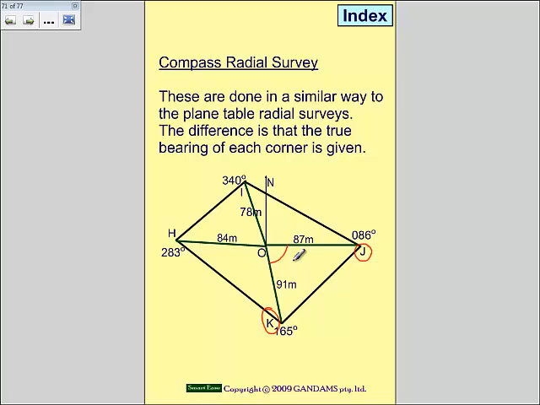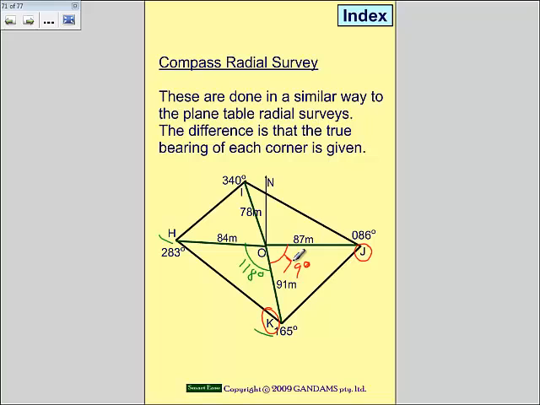So 165 minus 86 gives you 79 degrees in that little bit there. The angle between K and H is just those two angles minus from each other, finding the difference between them. So that gives you 118 degrees.